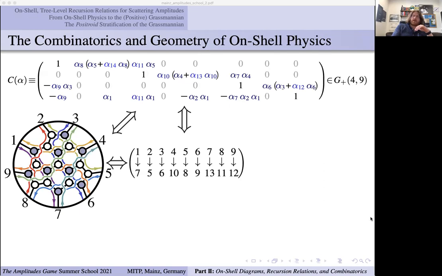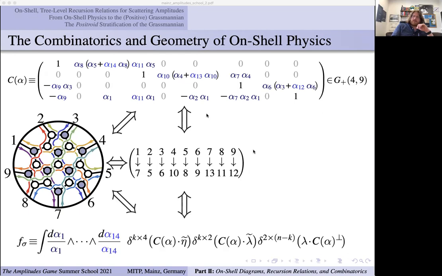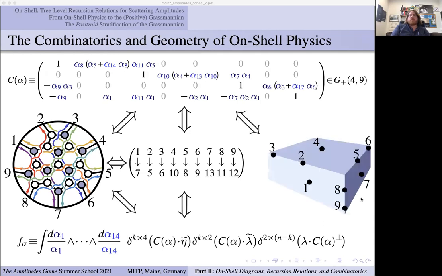So you can directly go from the permutation to the Grassmannian. And there's a one-to-one correspondence between each of these things and the particular on-shell function. So knowing the permutation allows you to forget about the function or the diagram altogether and just think about that. And there's an intrinsic sense in which the geometry inside the Grassmannian is also characterized by exactly the same permutation.